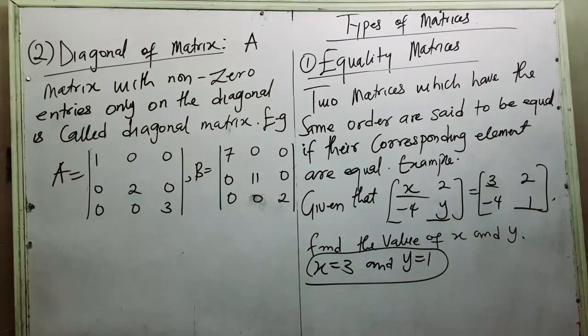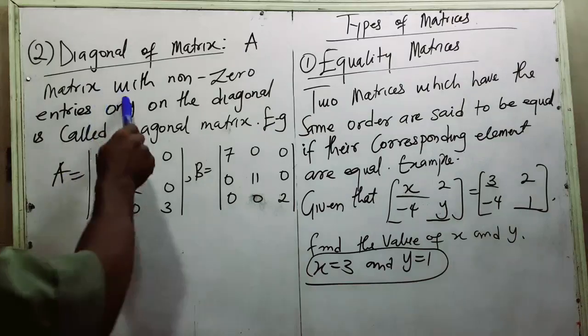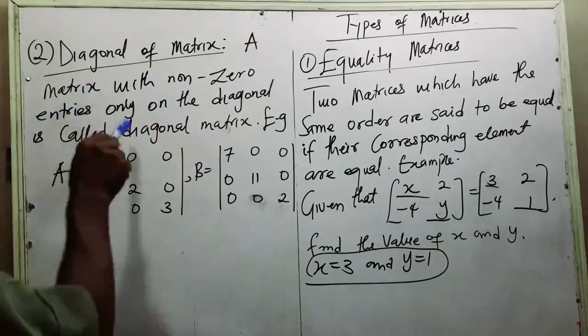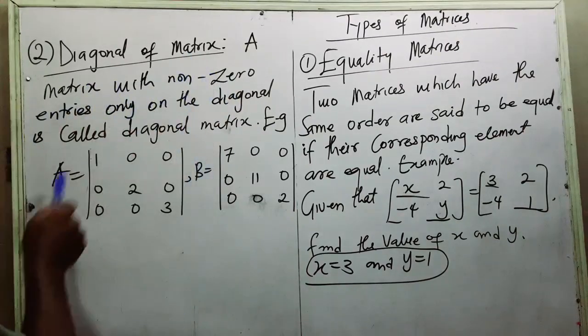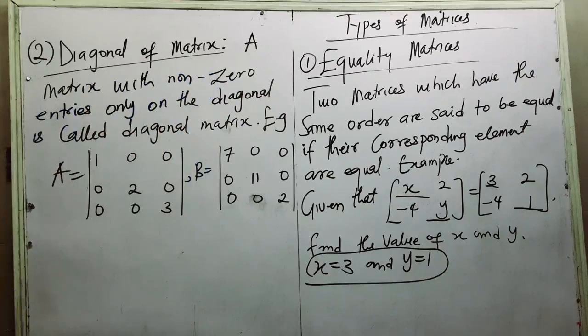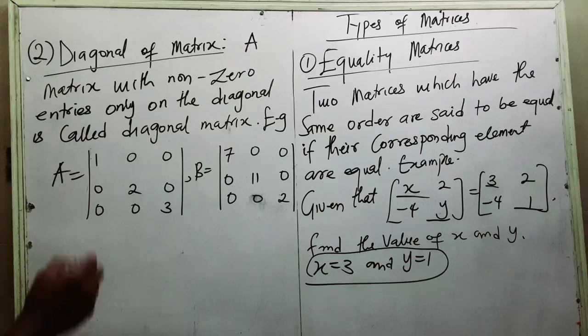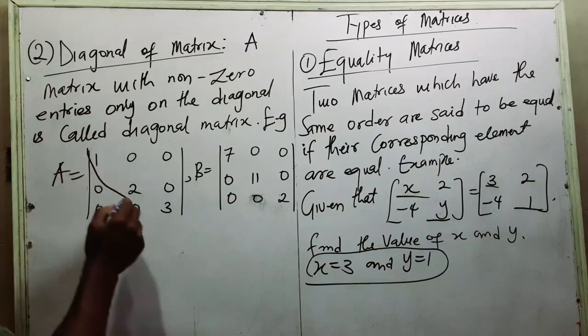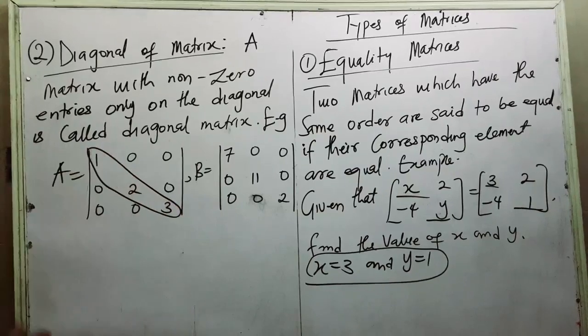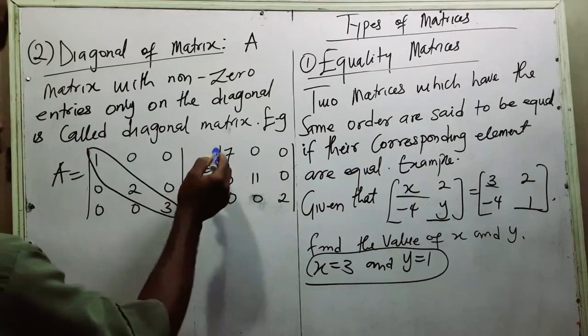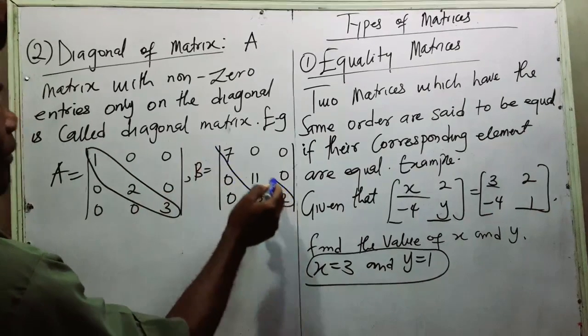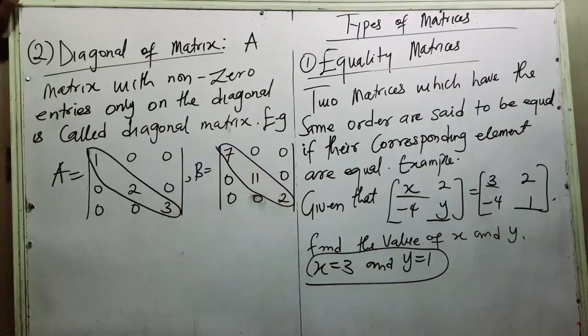So we also have what we call a diagonal matrix. A matrix with non-zero entries only on the diagonal is called a diagonal matrix. For example, this is a 3 by 3 order matrix. We realize that it is only from here that we have numbers, we have elements. So that's why we call it a diagonal matrix.